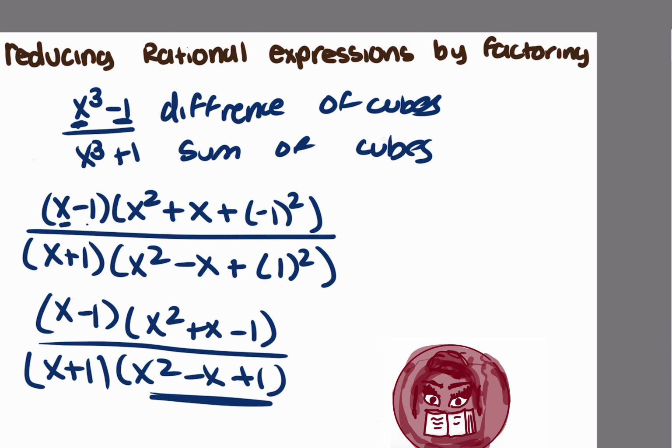This is the most it can be simplified, because even if you try to factor it, like x minus 1, x minus 1, you would not be getting this. You would get negative 2x for here. So this is unfactorable. So that's how you know you're done factoring.